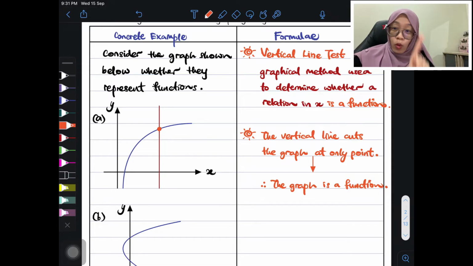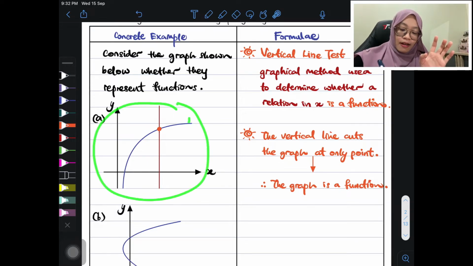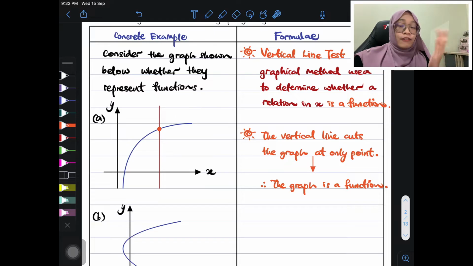There is only one point. Okay, so kalau you only see one point yang bertembung di antara line dan juga graph tu, bermaksud this graph is literally a function. That's all. It's very easy. So this is a function.